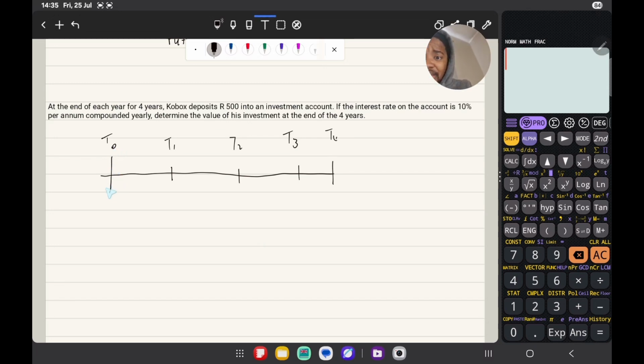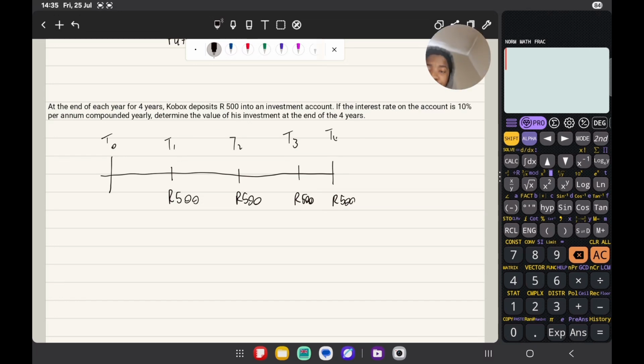So this is the beginning of year one, and this is the end of year one. There will be some money coming in. End of year two, money coming in. End of year three, money coming in. End of year four, money coming in. And now we have to calculate how much money this person would have made during that whole period.